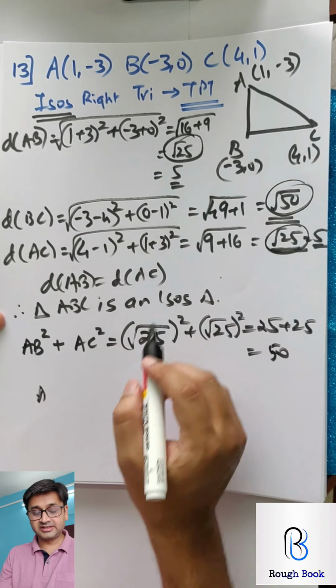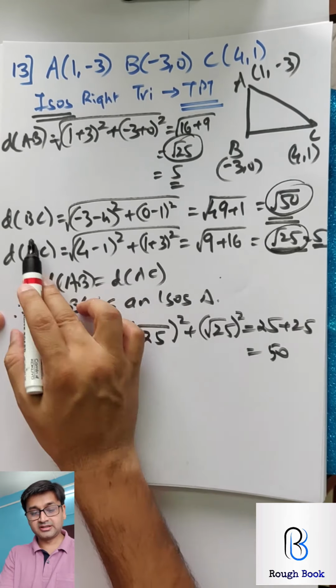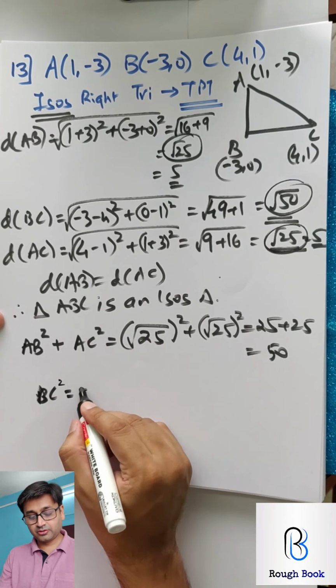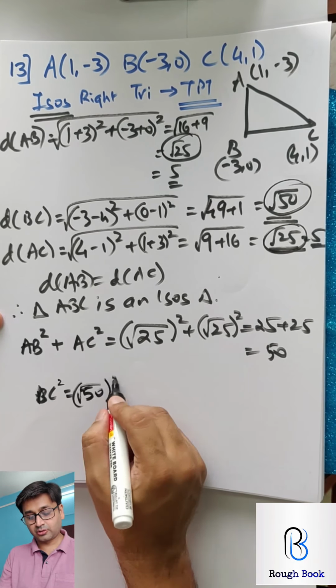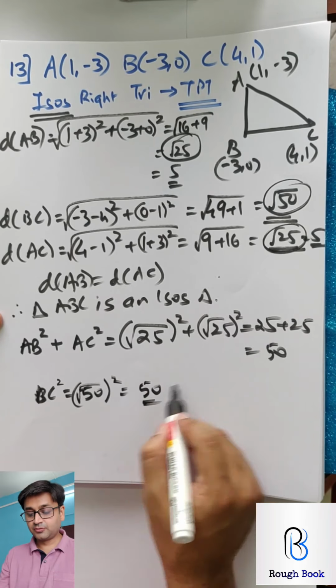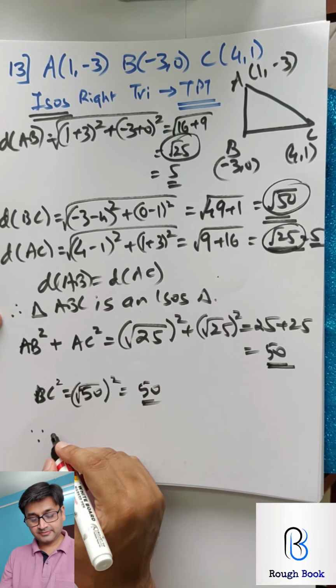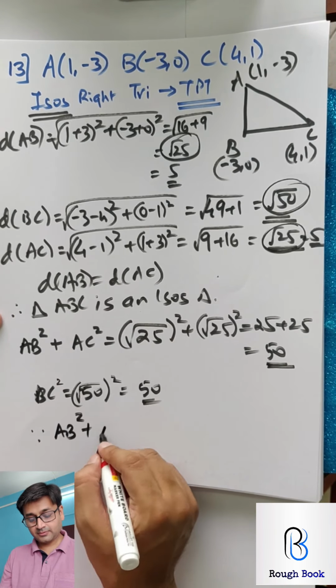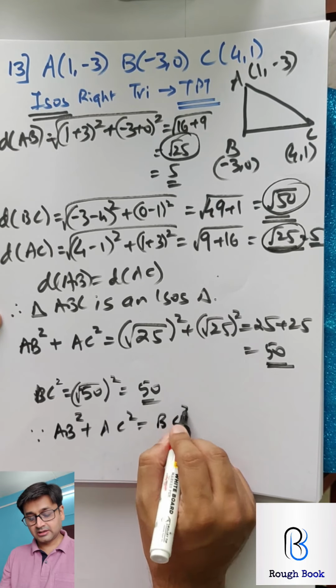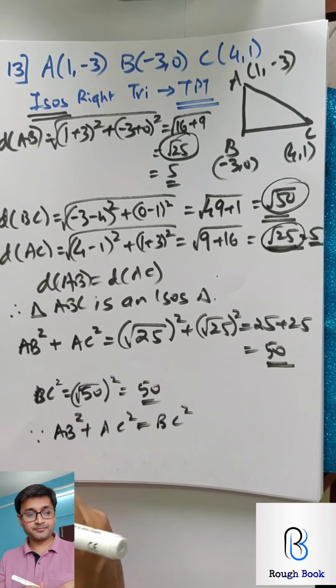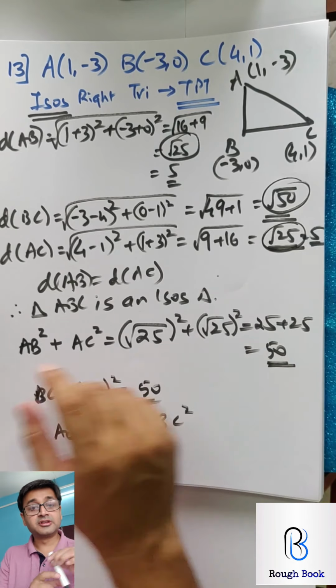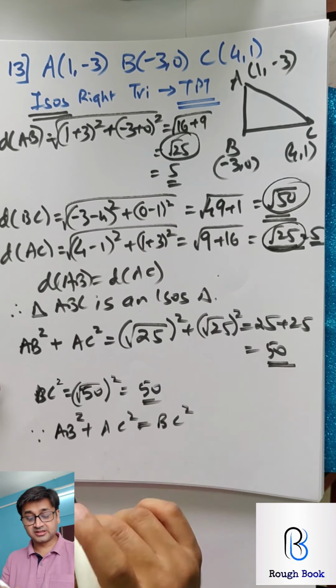And finally BC square, that is this one, is equal to root 50 square, 50. Since both are equal, so you say since AB square plus AC square is equal to BC square, therefore obviously by what? Pythagoras. This is converse.